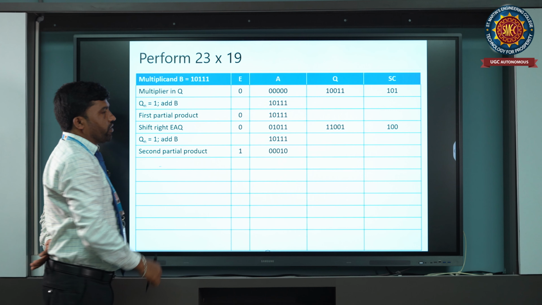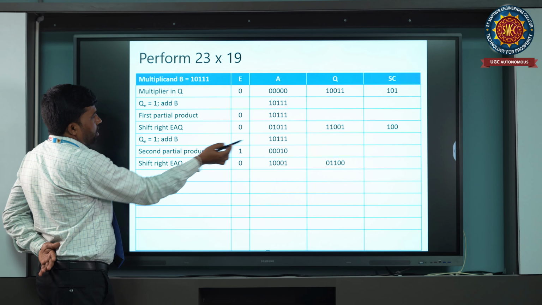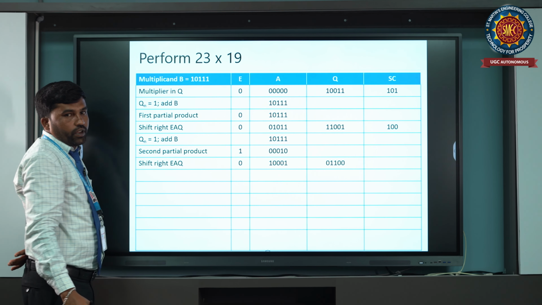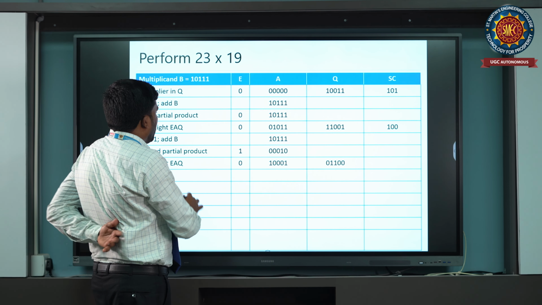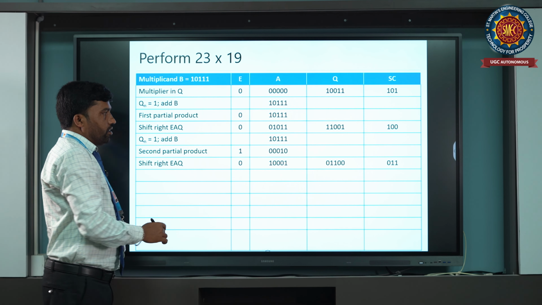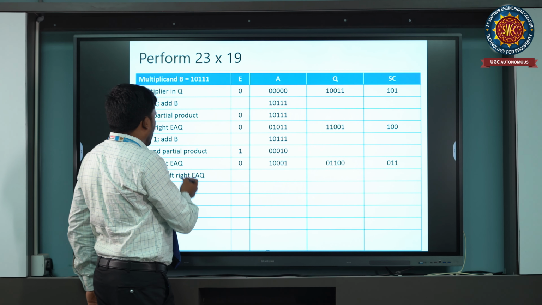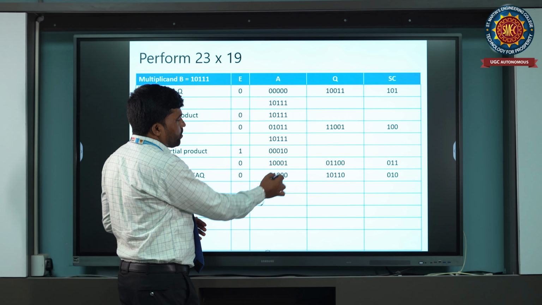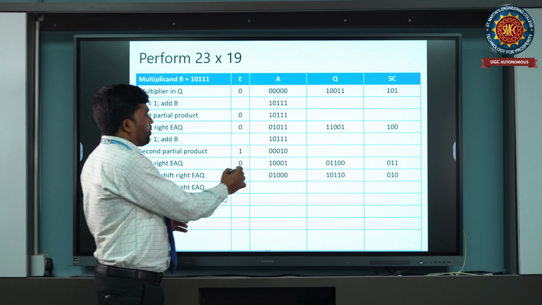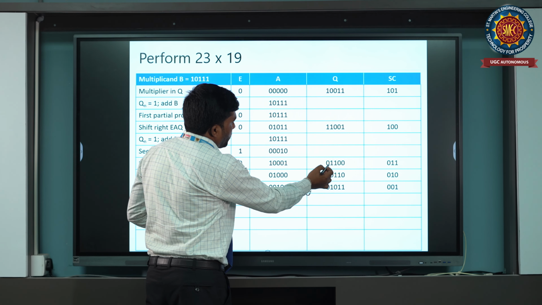Then for the fourth sequence counter, Qn is also equal to 1, so we do the add operation: B is added to A. Then we get some output, and next we shift right EAQ, which means shifting 1 bit to the right. We get some output.